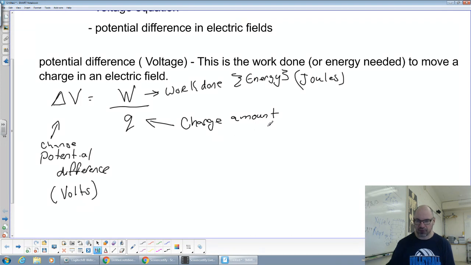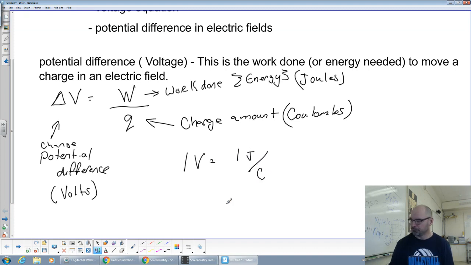Charge amount, and that's in coulombs. So if we look at it, 1 volt is equal to 1 joule per coulomb. That's the potential difference.